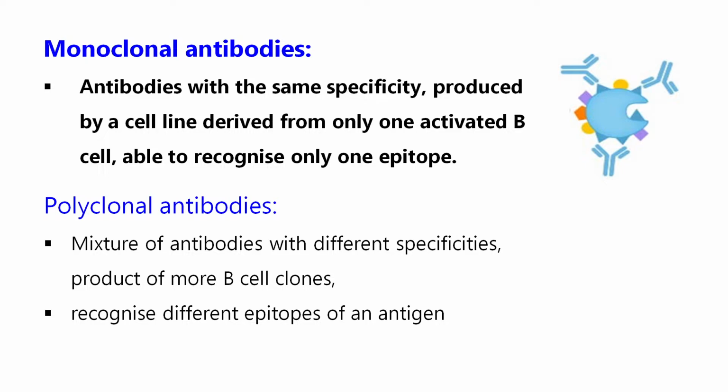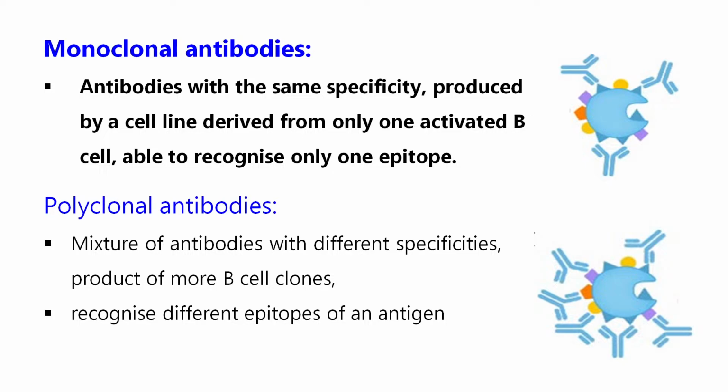Whereas polyclonal antibodies are a mixture of antibodies with different specificities. So they can recognize the different epitopes that are present on a single antigen, and also their parental cell is not one single B cell, but different clones or different cell lines of B cells. So they recognize different epitopes on an antigen.